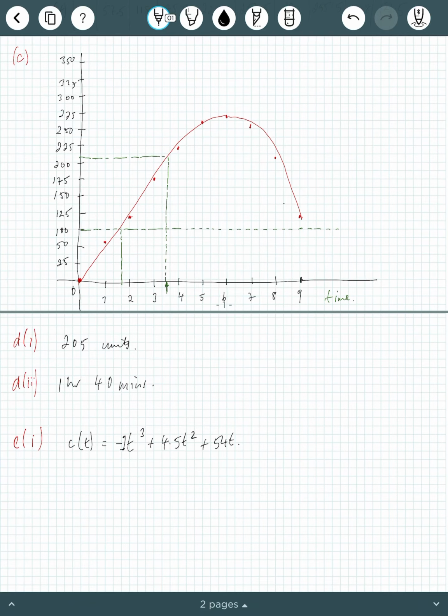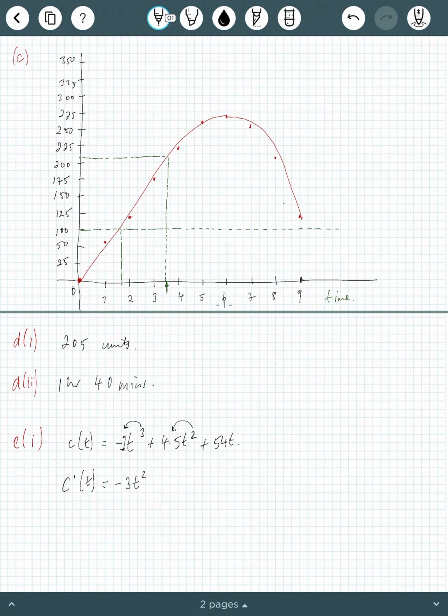So what you do then is you say it's 3 times that minus 1, which will give you minus 3. So differentiation is c apostrophe t, it's minus 3t, and you reduce the power by 1, so that goes to minus 3t squared.